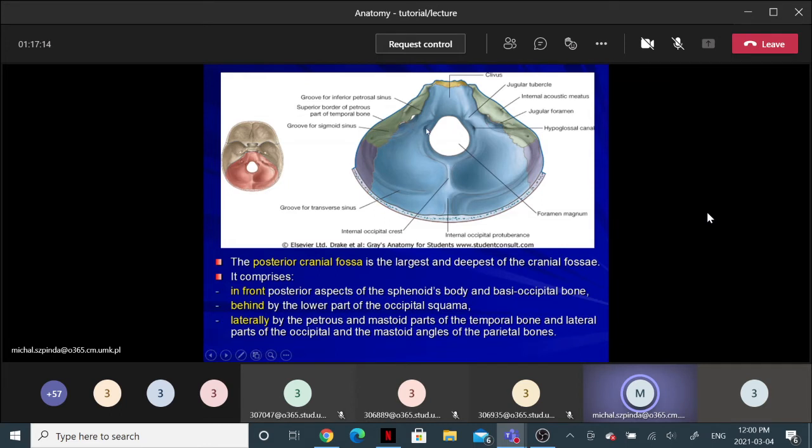So through the hypoglossal canal passes the hypoglossal nerve, through the medial part of the jugular foramen, the glossopharyngeal nerve, and through its lateral part, the vagus and accessory nerves. And all these 4 nerves just enter the parapharyngeal space.